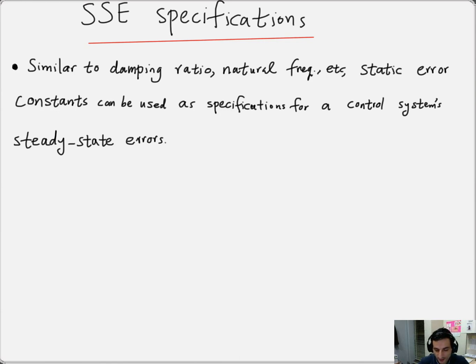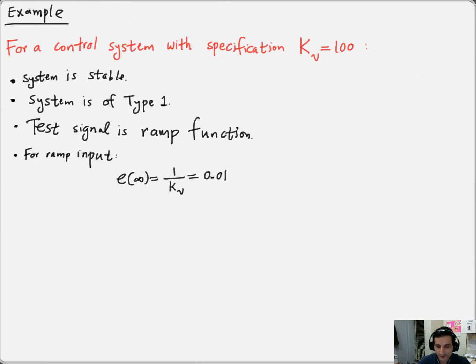As a very simple example, if someone gives you a control system, and you are also provided with a specification that Kv is equal to 100.